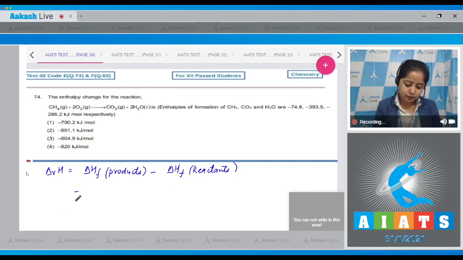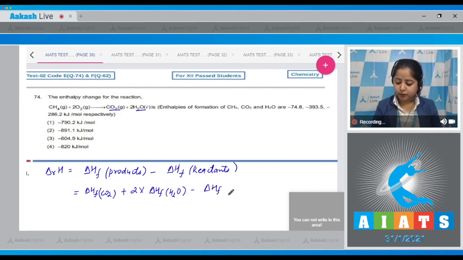So let's put the values. In products we have two things, CO2 and 2H2O. So enthalpy of formation of CO2 plus 2 into enthalpy of formation of H2O minus enthalpy of formation of CH4. So student, let's put the values.